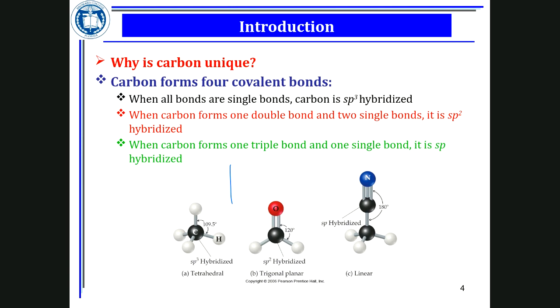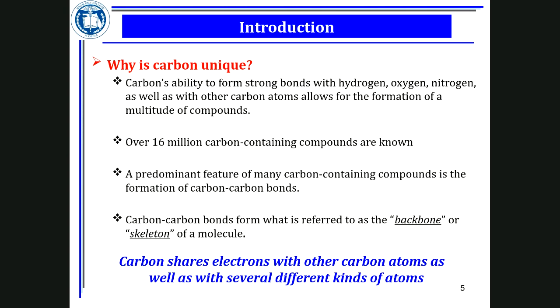So pay attention to why carbon is unique. Carbon can form single bonds, double bonds, and triple bonds. Carbon can form bonds with other carbons, as single, double, or triple bonds.